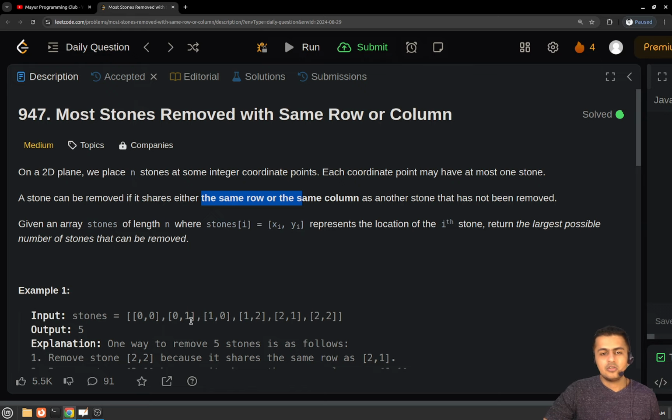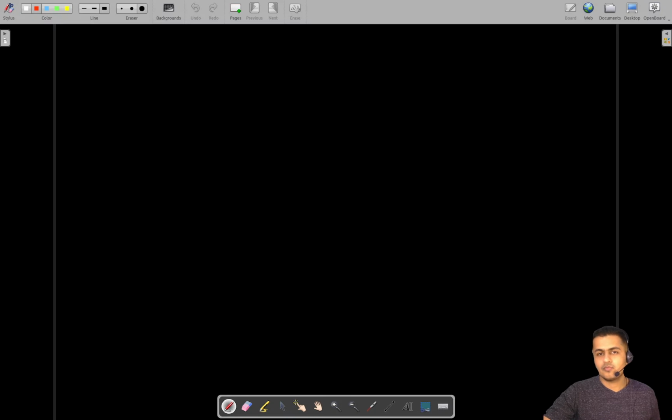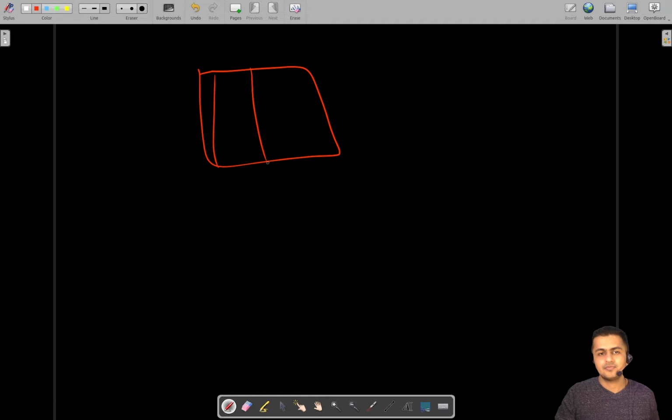So what I mean to say is, for example, this is a 2D plane, and there is a stone here, and there is another stone here. As you can see, for the column and the row of this particular red stone, there is no stone present in this column and no stone present in this row.